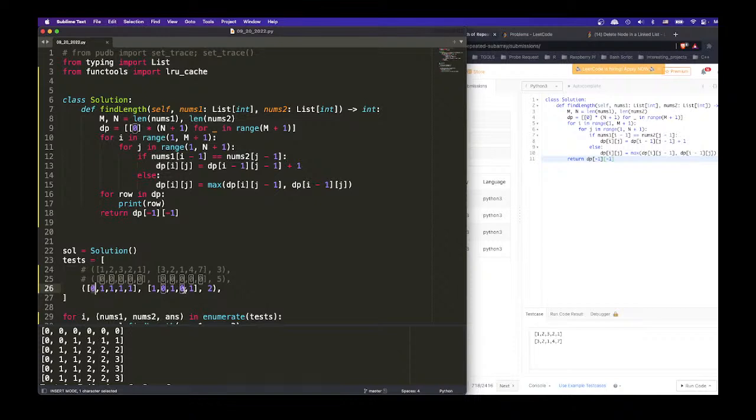Then 1, 2, 3, 4. 3, 1, 1, 2, 3, 4. So we're talking about from this to this and this to this. We have 0, 1, yes. And then, oh, this is not right.